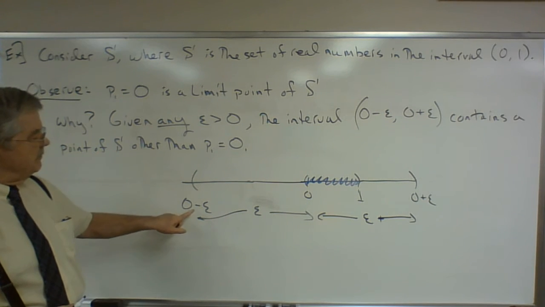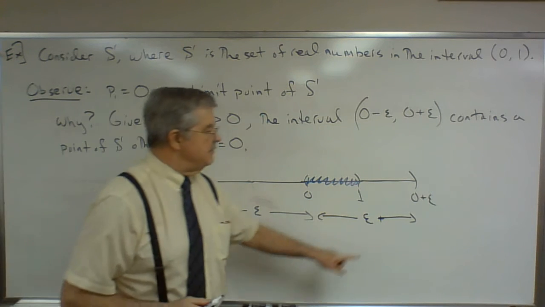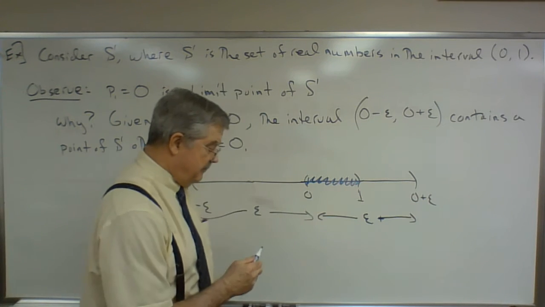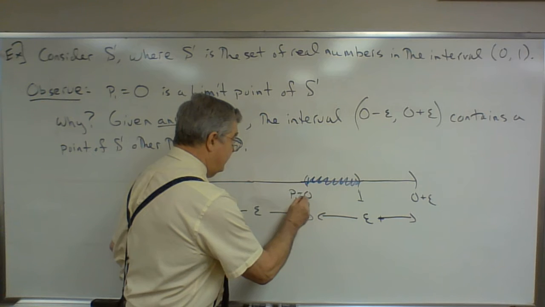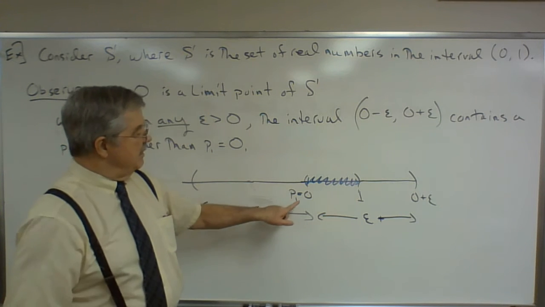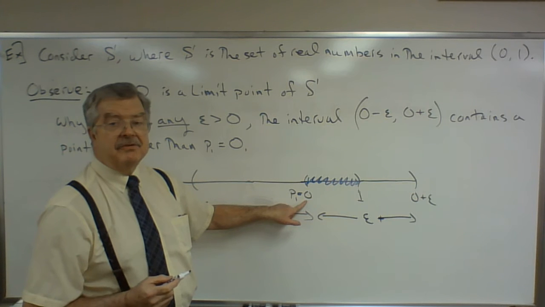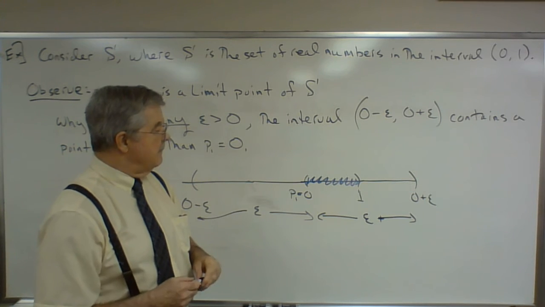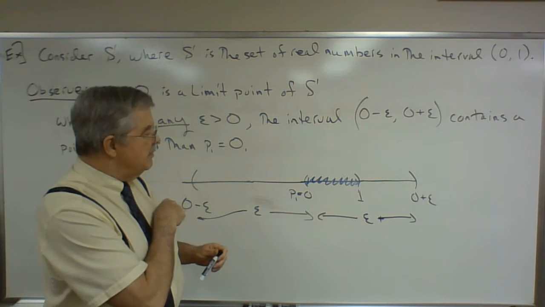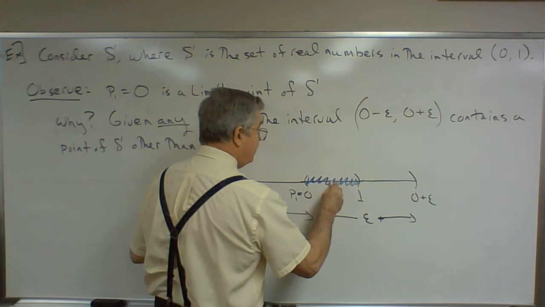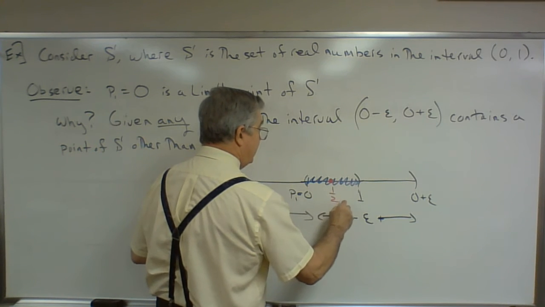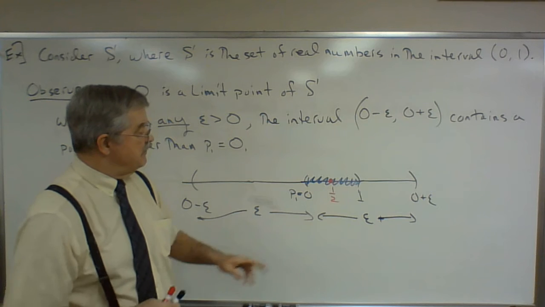Now, does the interval from 0 minus epsilon to 0 plus epsilon contain a point of S other than P1 equals 0? Sure. Here's one right here. 1/2.